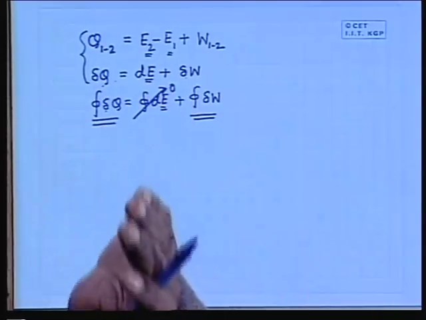But the version of this law in open system is a little different, which I will tell afterwards. So when we deal basically with closed system, we write in this form that delta Q is equal to dE plus delta W. So henceforth whatever we do will be referring to a closed system.